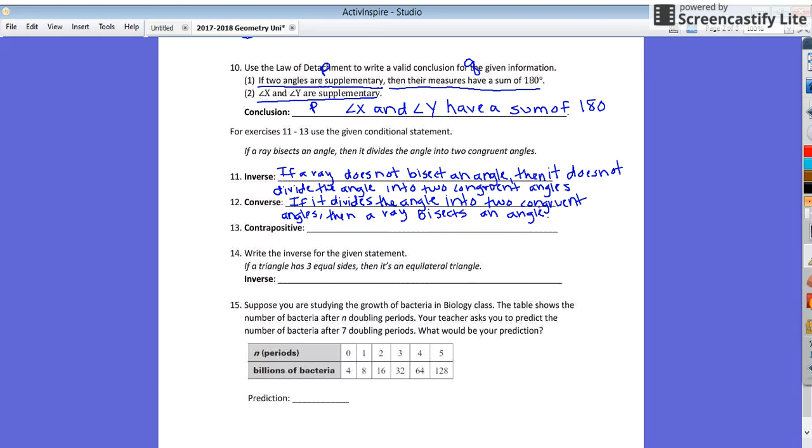And then our contrapositive, we're going to flip them and make them negative. So we're going to switch the hypothesis and conclusion and make them negative.